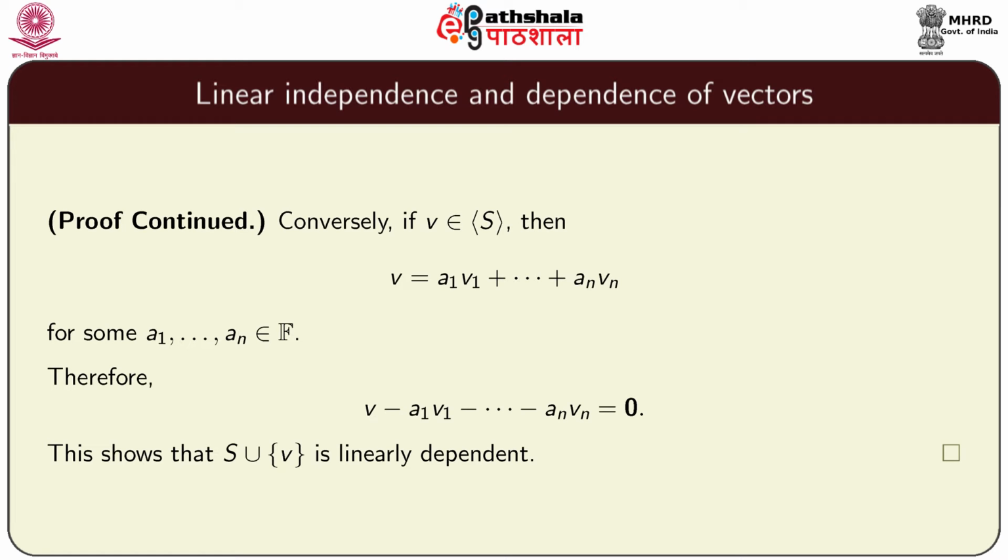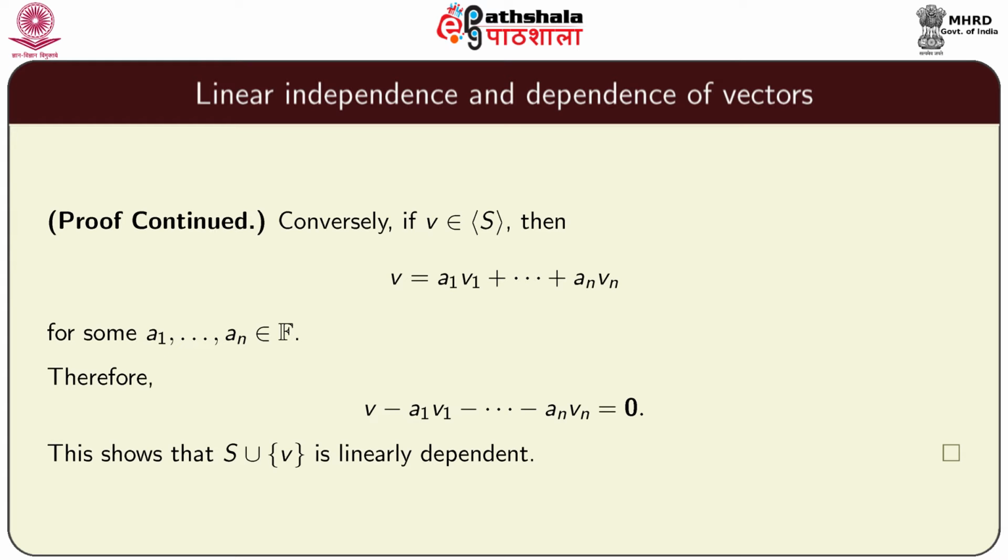If v belongs to span of S, then v is a linear combination of finitely many vectors from S, that is, v is equal to a1 v1 plus a2 v2 etc. up to an vn for some a1, a2, an in F. Therefore, a simple rearrangement shows that v minus a1 v1 minus a2 v2 etc. up to minus an vn must be the 0 vector.